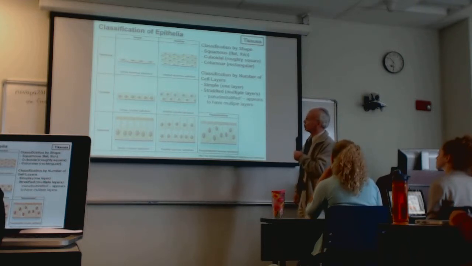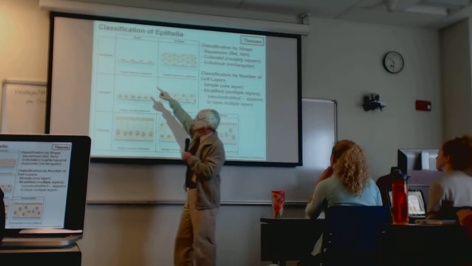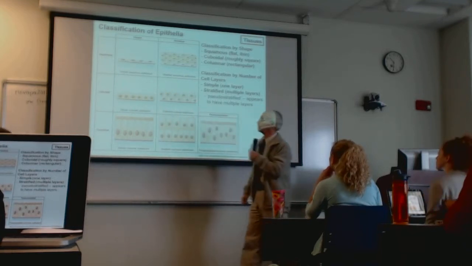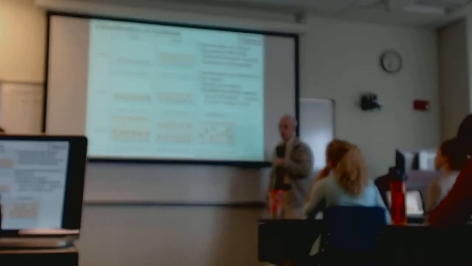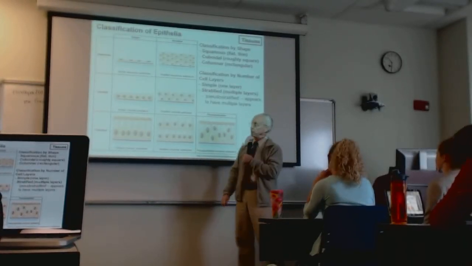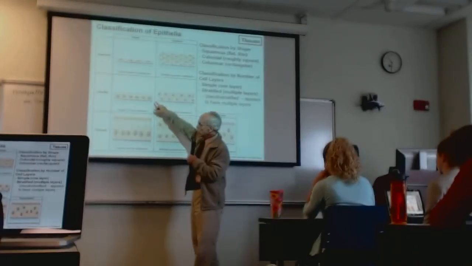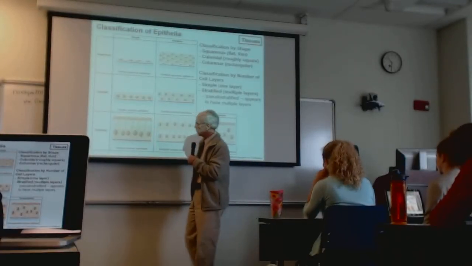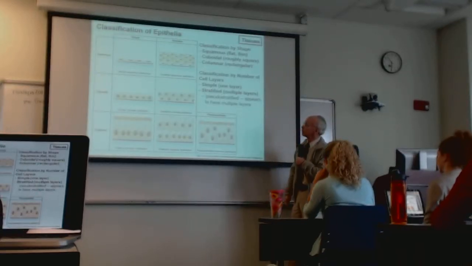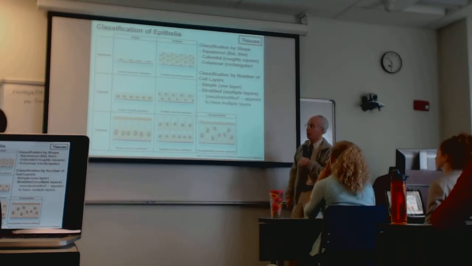Basically, there are three general shape classifications of epithelial cells: squamous, cuboidal, and columnar.